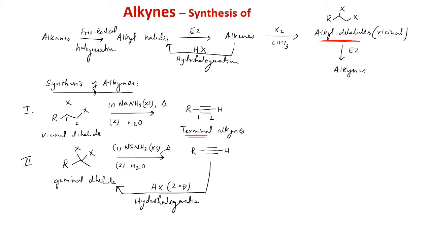Now, once you've made the terminal alkyne, you can always convert it into a longer chain alkyne by doing an alkylation. So you can deprotonate the terminal alkyne using sodium amide, and then if you add another alkyl halide to it, this would give you an alkyne with more carbon atoms because you would have added this R prime to it.